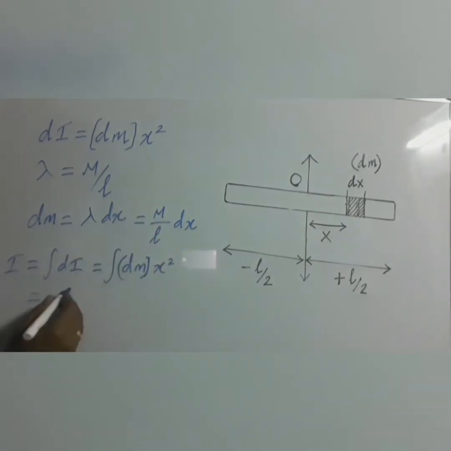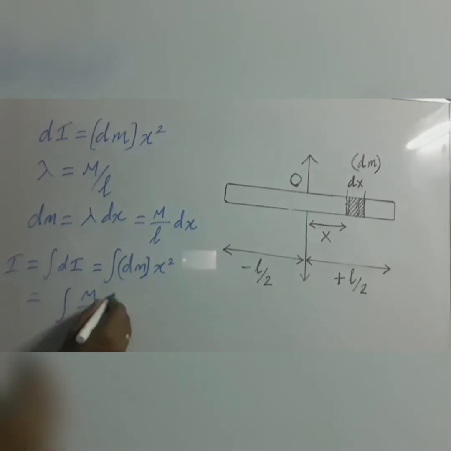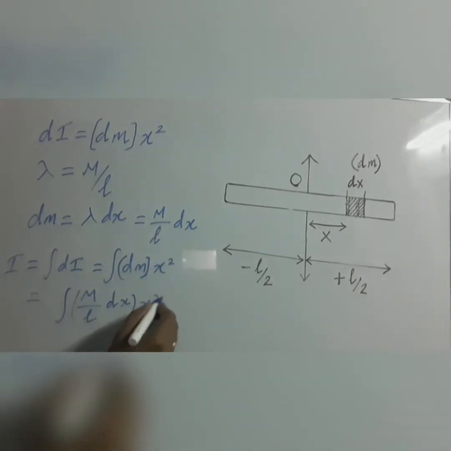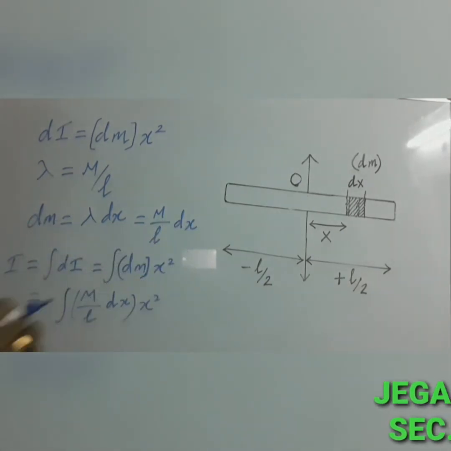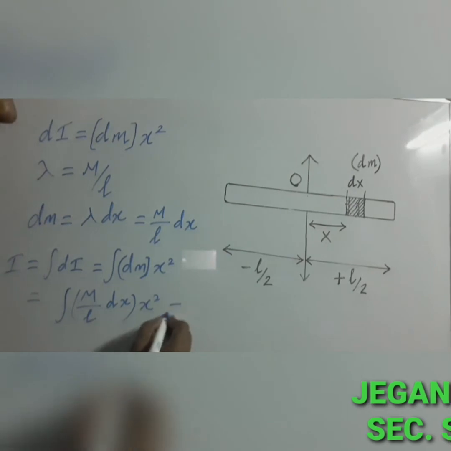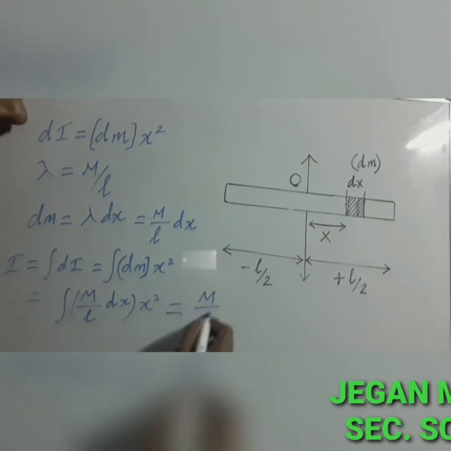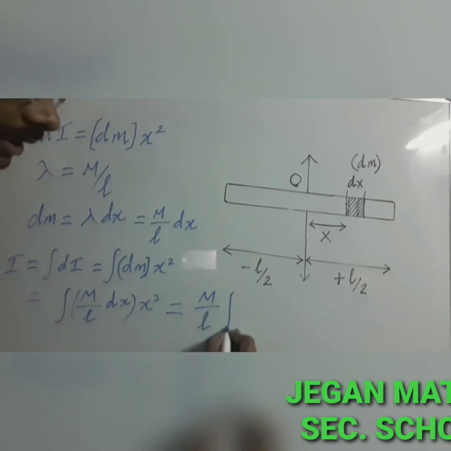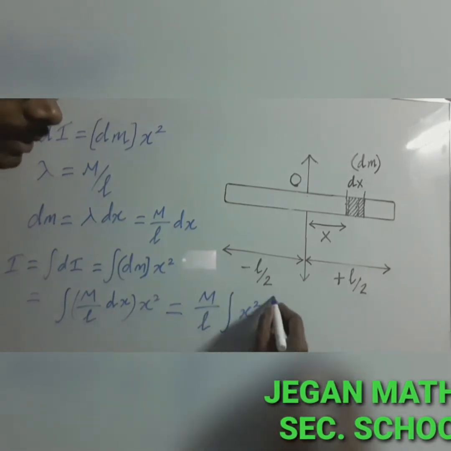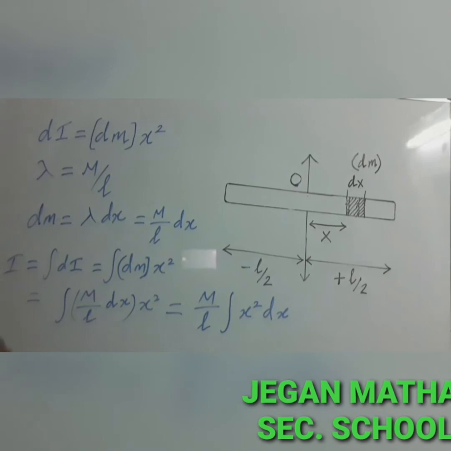We have found it: integration of M by L dx into x square. I applied the value of dm here. So M by L is a constant value that can be taken outside. So here you can write the integration of x square dx.